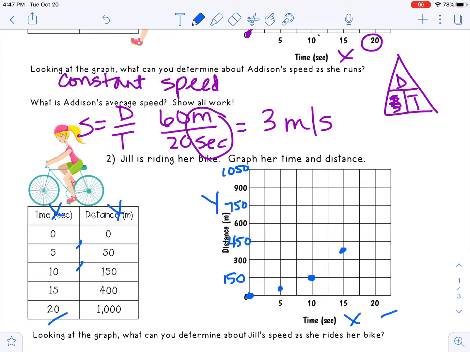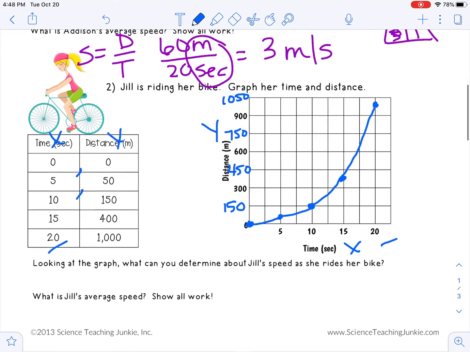About right there. 20 and 1,000. Right up there. So now I'm ready to connect my dots. Okay, so I'm going to connect them in the order that I plotted them.